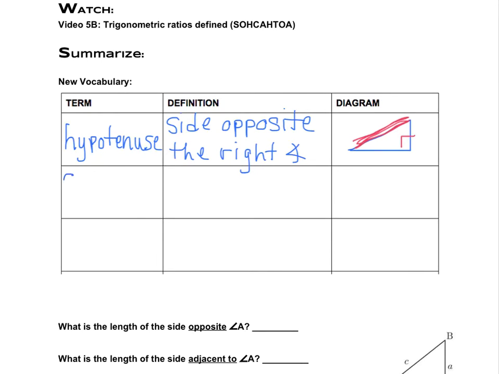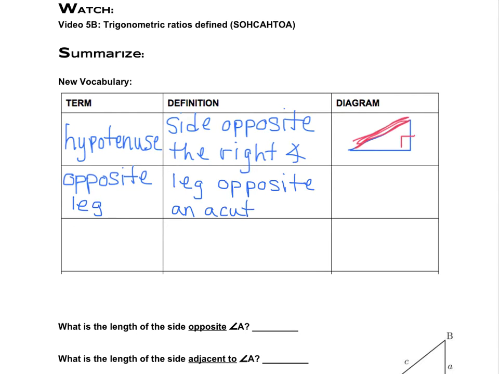Okay, then we have the opposite leg. And that is the leg. Remember, the legs are the ones that come together to form the right angle of the triangle. The opposite leg is opposite the angle that you are talking about, and it is going to be an acute angle of that right triangle.